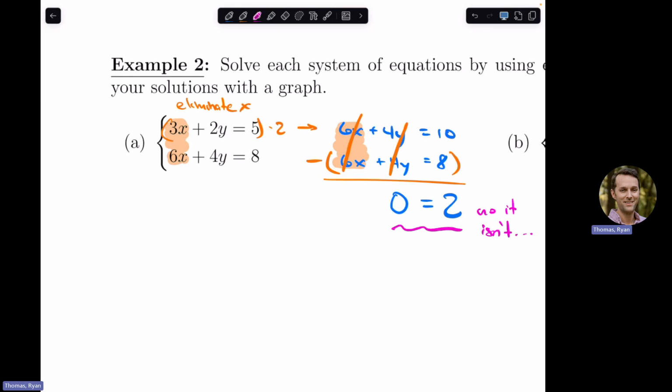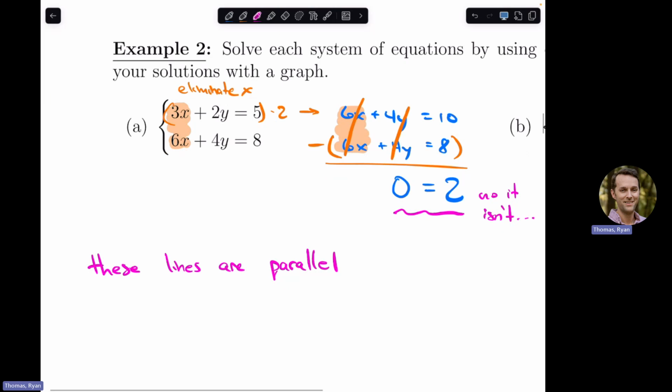But what that means is that these lines are parallel. Of course, you can graph them and see it that way too, right? Those lines are parallel. And parallel lines mean the system has no solution, because solutions are intersections.